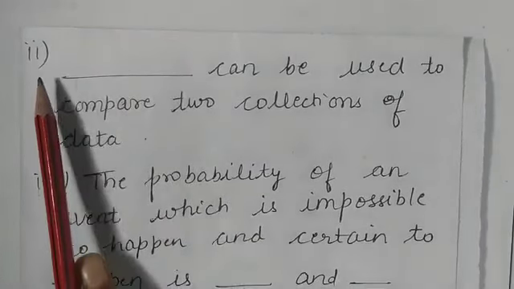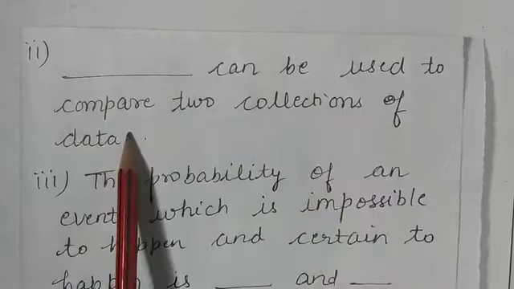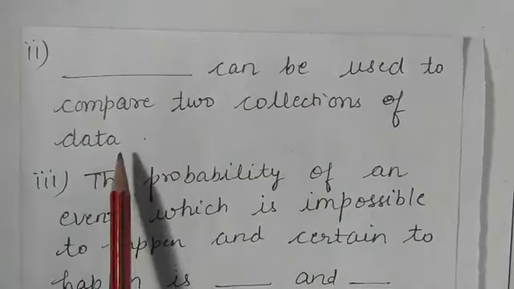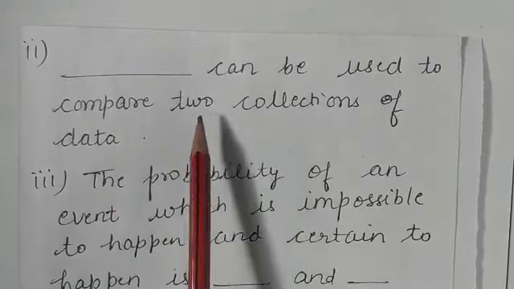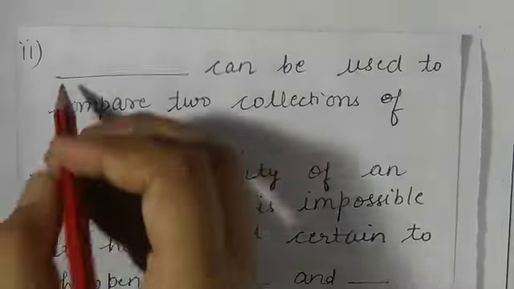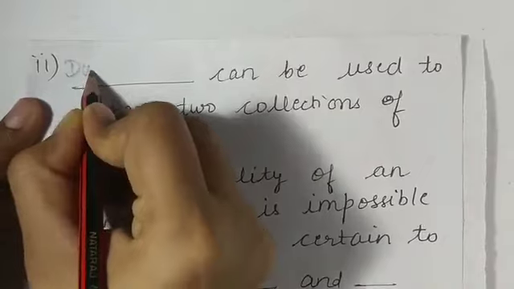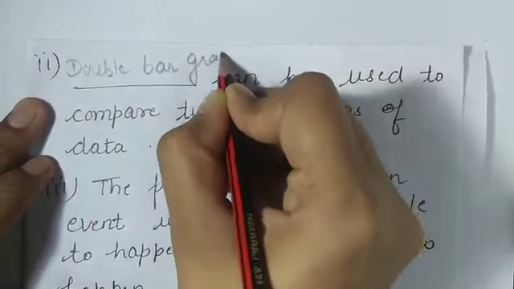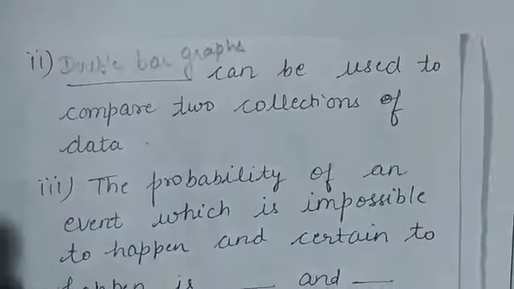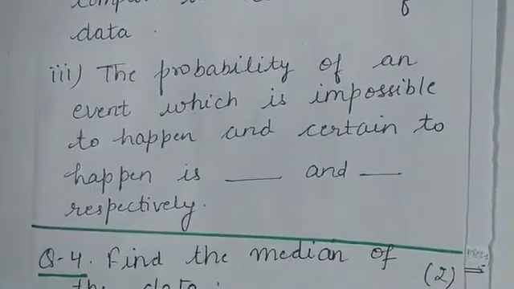Second part we have is, dash can be used to compare two collections of data. This we have learned, that double bar graph can be used to compare two collections of data. So its answer is double bar graphs. Come to third part.